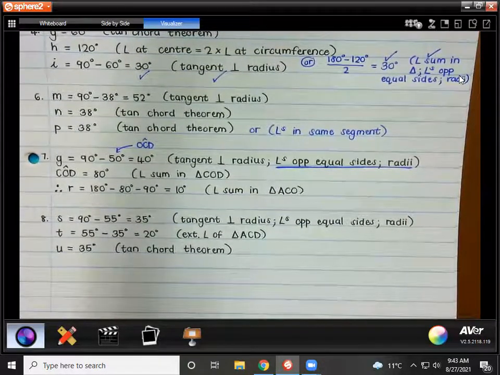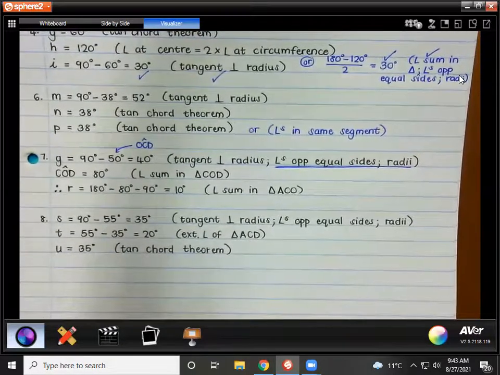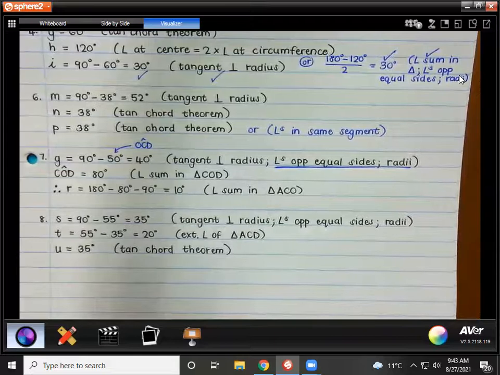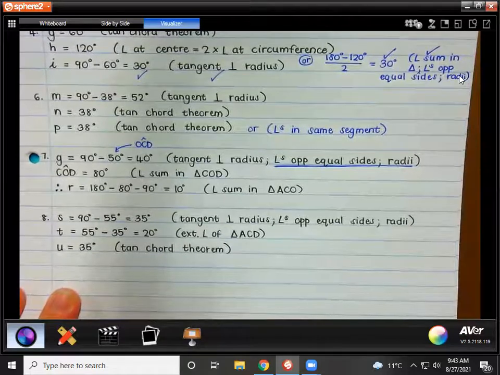Sometimes also it's a statement and reason mark where they give you one mark for the answer and the reason together. But that's usually if it's something that you've used a bunch of times before already, or if it's something very easy like vertically opposite angles, for example. They'll just give a mark for the answer and the reason. So yeah, it depends.